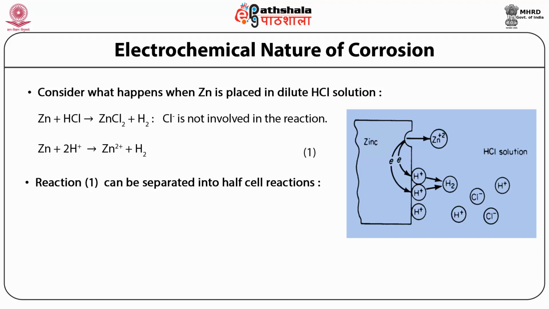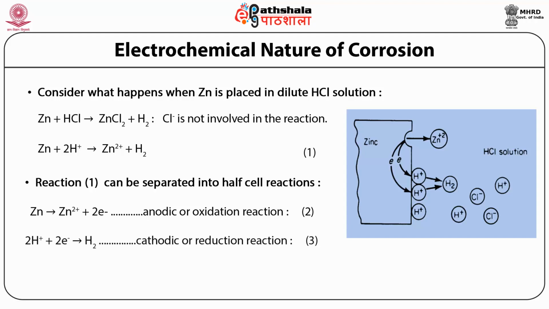This is needed to maintain the charge balance. Hence, the two half-cell reactions can be written as Zn minus 2 electrons gives Zn2+, that is the anodic reaction, and 2H+ plus 2 electrons gives H2, which corresponds to the cathodic reaction.